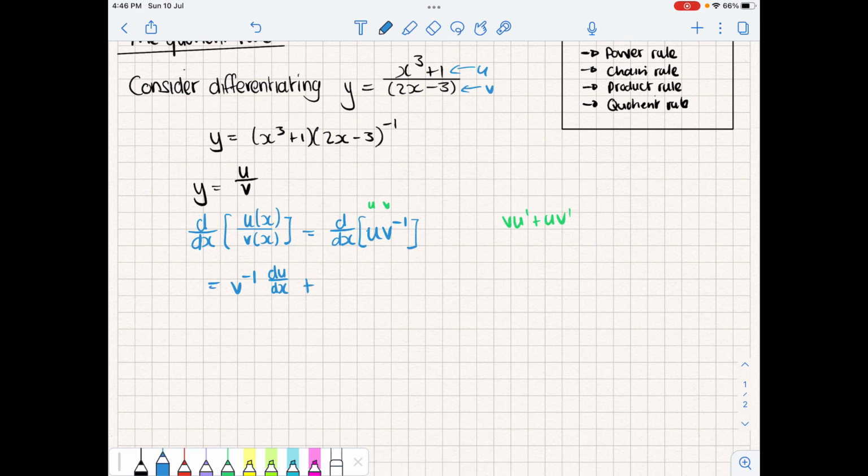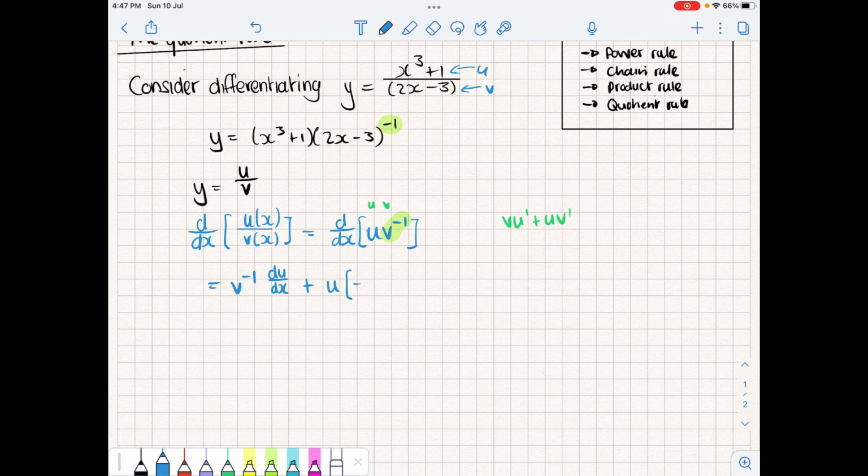Okay, and then we're going to add that to u. U is just u, and then we're going to multiply that by the derivative of v. Now we have to be careful, because remember what v is. V isn't just a function, it's a function within a function. So as soon as we brought it up to the top, it now became a function of a function, and we need to use the chain rule to differentiate that. So when we differentiate using the chain rule, we multiply by the power.